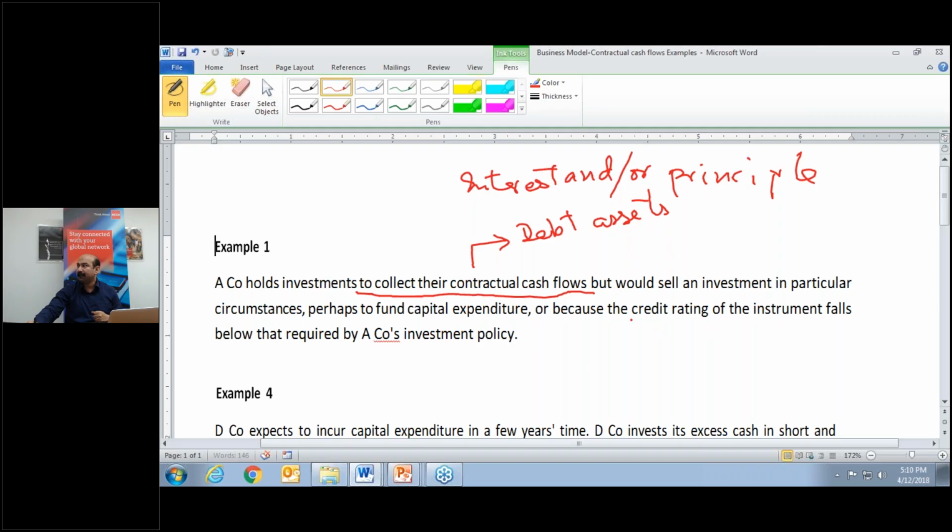There will be two conditions: sales of these assets are infrequent, rare, and the other is frequent.